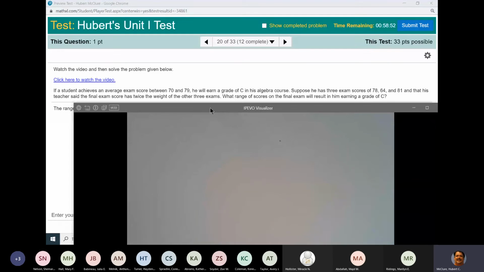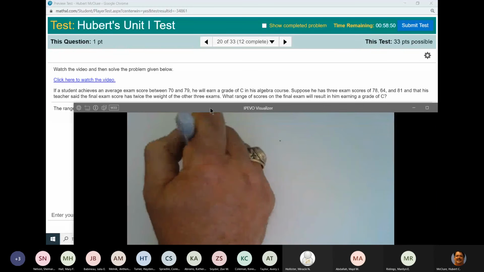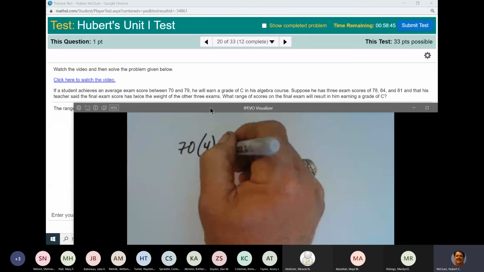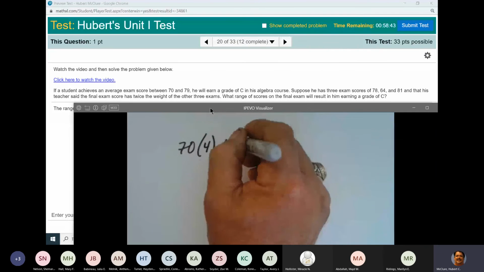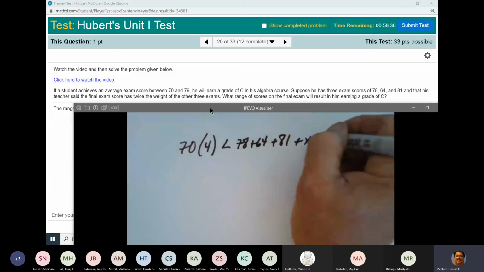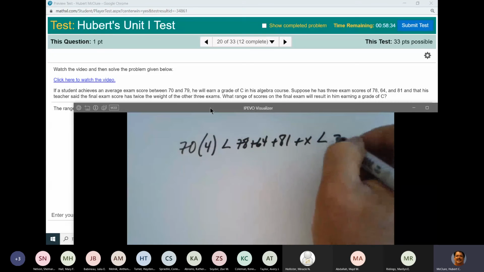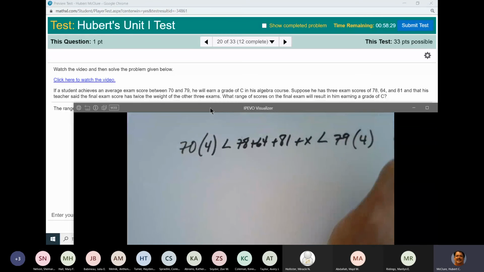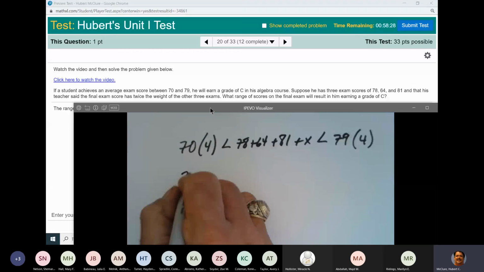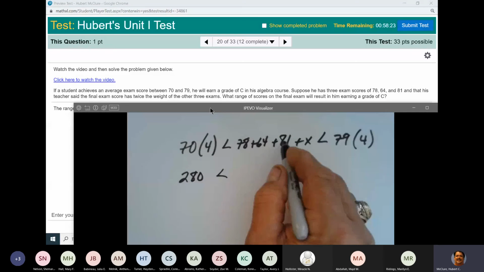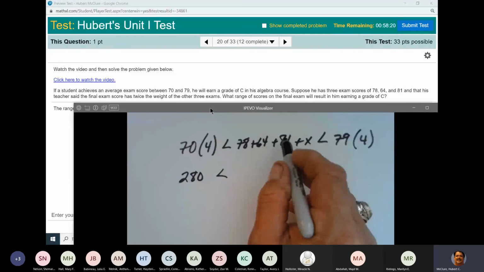So it'd be 70 times 4 less than 78 plus 64 plus 81 plus X less than 79 times 4. 70 times 4 is 280 less than, well, I don't know what this is. That's 159.